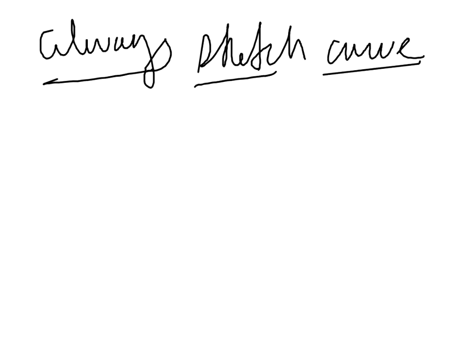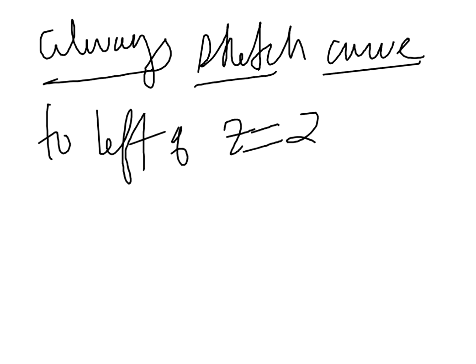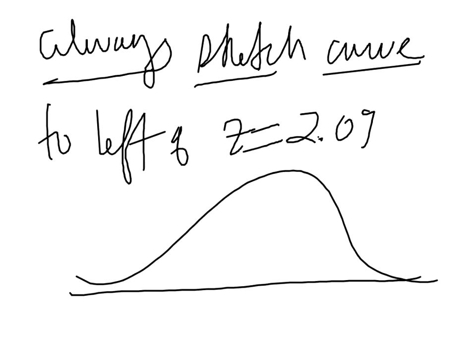For example, the first question asks us to find the area under the standard normal distribution to the left of z equals 2.09. Here's what they're asking for. It doesn't have to be a good sketch, by the way, but 2.09 on my graph is right there.